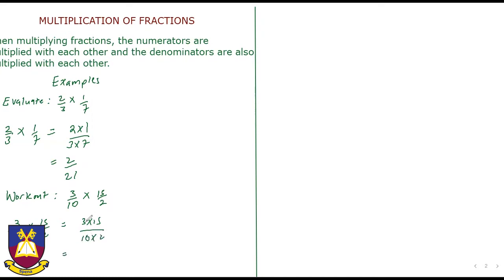This gives us 45 out of 20, which is the same as, if you convert it to a mixed fraction, 20 goes into 45 twice. That would be 2 whole numbers, and then leaves a remainder of 5, and 5 over 20.